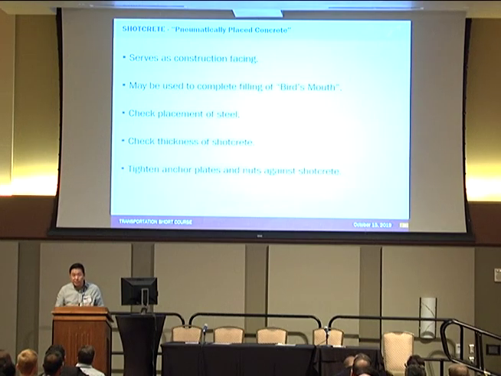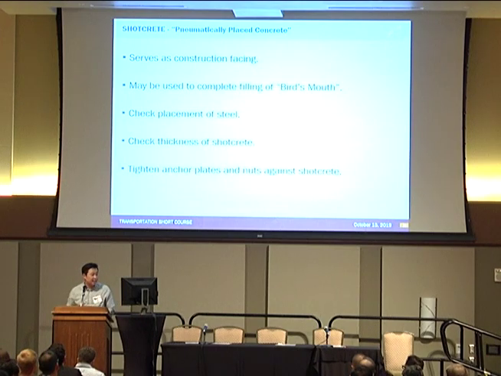Normally we put the double mat of waler bar behind the anchor plate. So make sure the waler bar, if it is called out in the construction detail, is properly placed. And also make sure of the thickness of shotcrete. Typical thickness of shotcrete is about 4 to 6 inches.